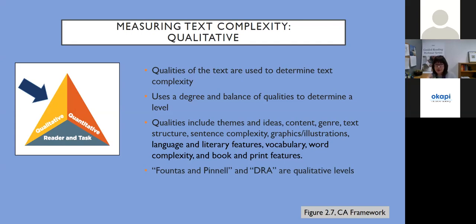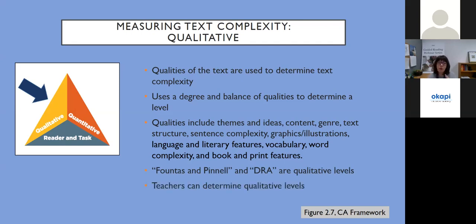Another piece that you would see would be vocabulary, language and literary features, word complexity, and book and print features. So all of these are qualities that you would see. And then you would see Fountas and Pinnell and DRA are both examples of qualitative leveling that you would see used to describe text complexity.